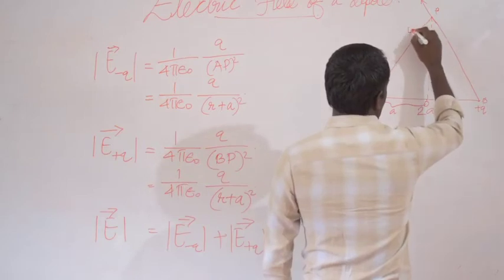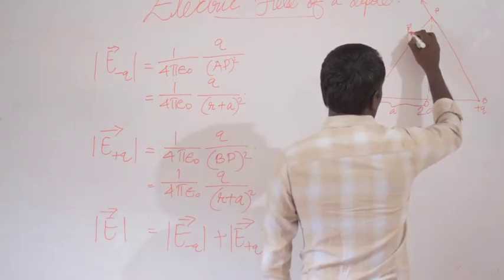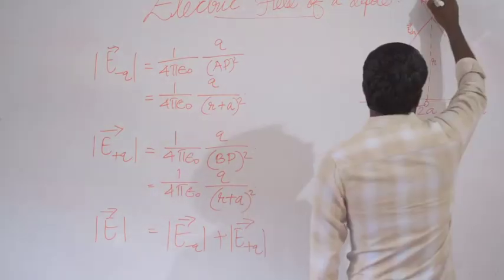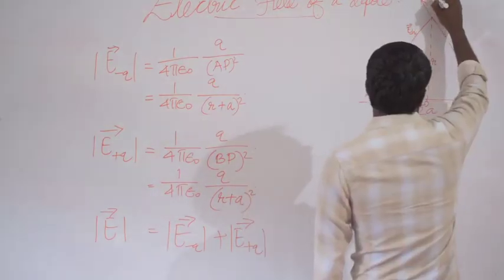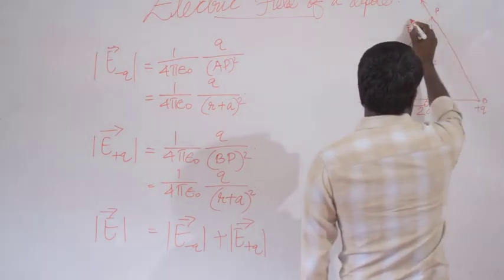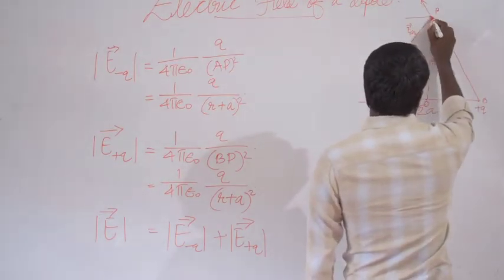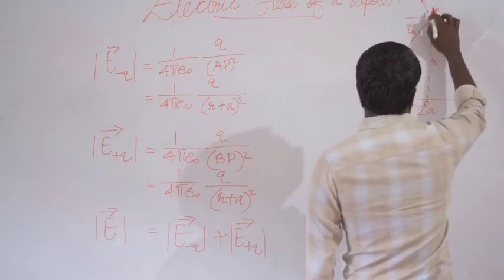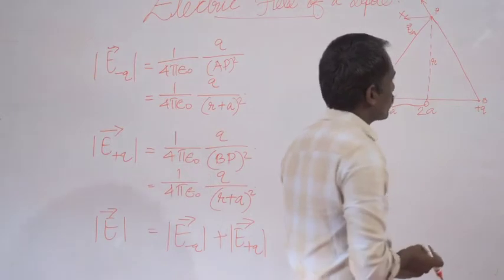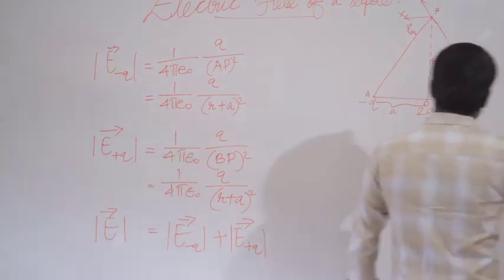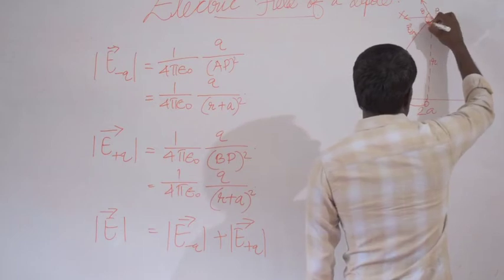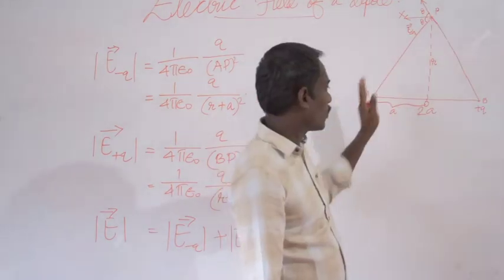This is the electric field produced by the negative charge, and this is the electric field produced by the positive charge. If we take the x and y components of these two fields, the angle theta between them is the same, and both have equal magnitude.